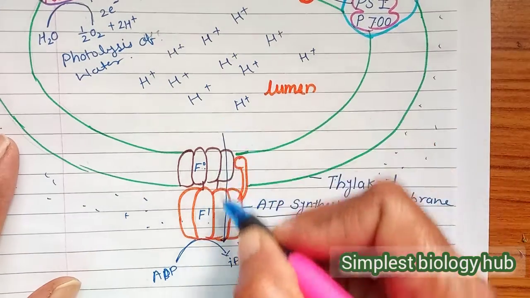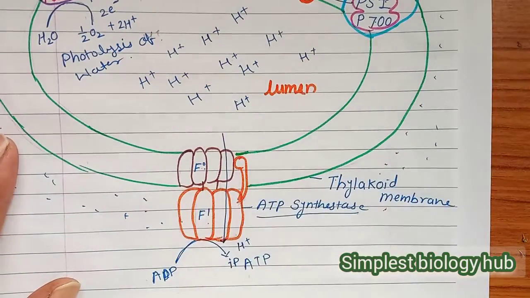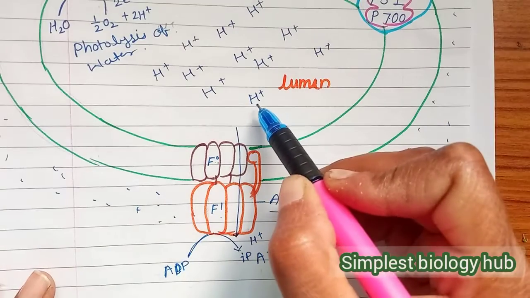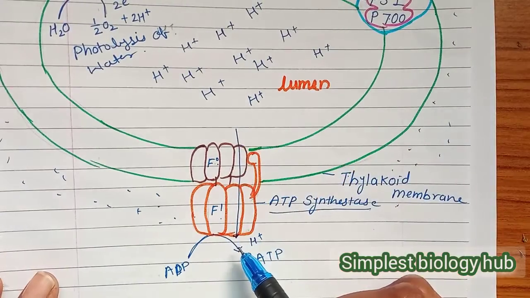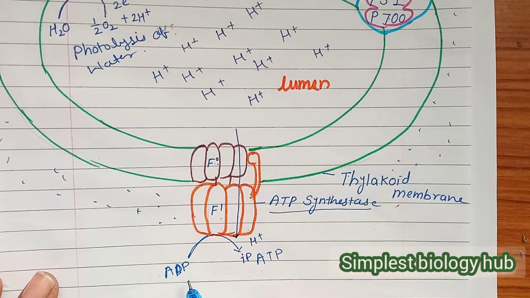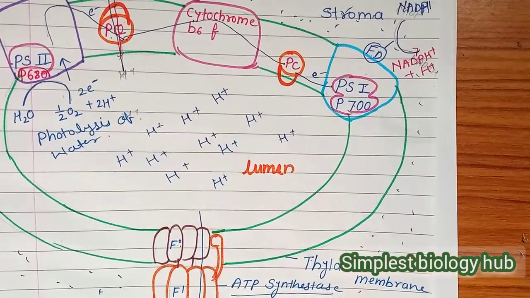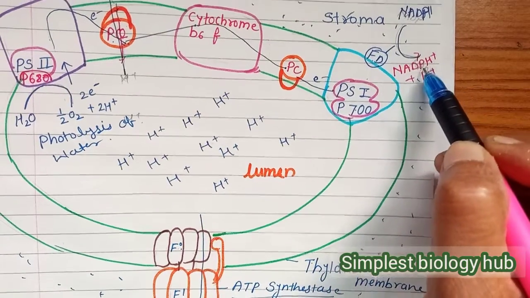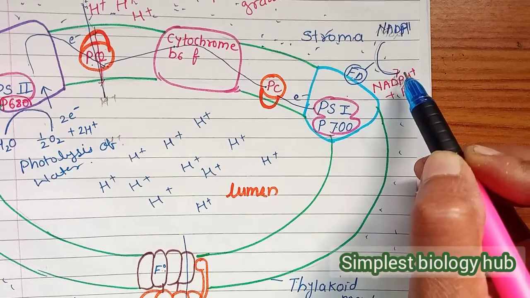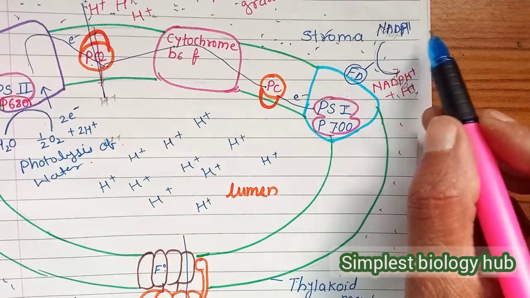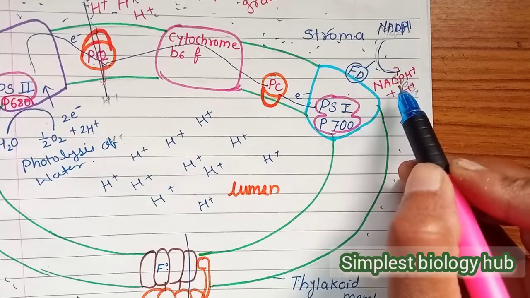In this way, one by one all hydrogen ions are used, so the concentration of hydrogen ions inside the lumen is minimized one by one, and one ADP molecule is recharged and converted into ATP. Similarly, these hydrogen ions are also used for the formation of NADH2, and this NAD also comes from the dark reaction to be recharged here.